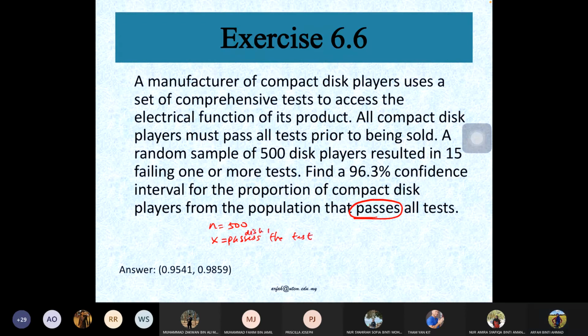Displayer yang passes the test. Yang dia bagi ni 15 failing. 15 yang fail. So dia akan sama dengan 500 minus 15. So you will get it will be equal to 485. That is why kena betul-betul baca soalan. Statistik is very simple but at the same time it's very tricky.